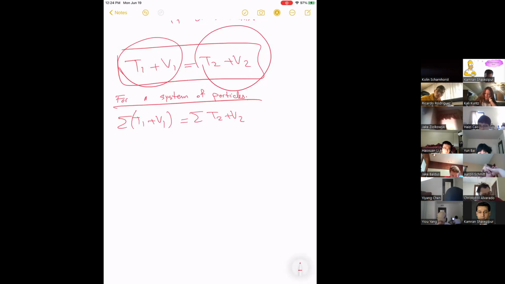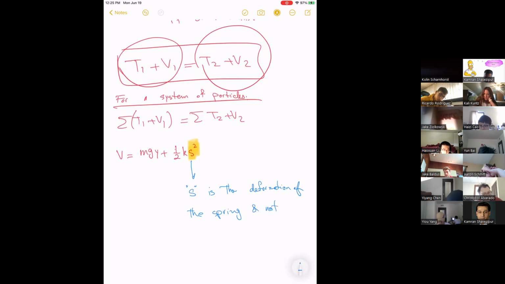Remember, V is mgy plus half k s squared. I emphasize here one more time, s is the deformation of the spring and not its length.